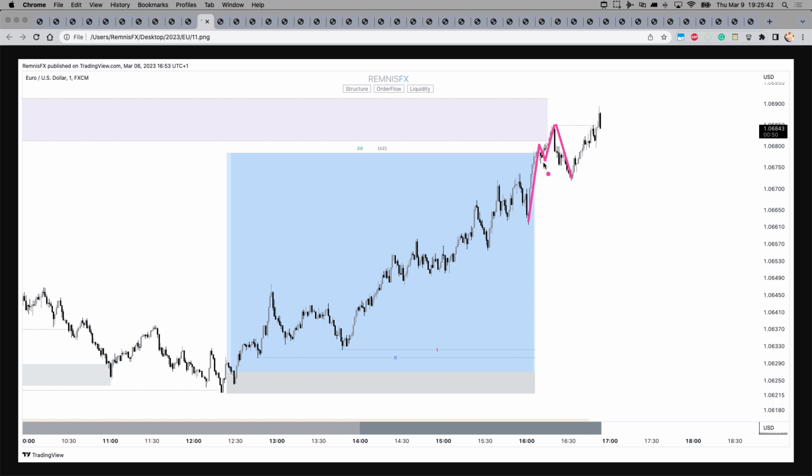Price came, took out your bullish internal inducement, and then went higher, right? But then what happened here at the top, right? It took out the most recent high here that actually mitigated your POI, right? And look at the next candle, right? The black candle totally engulfed the gray candle, right? So it had definitely my attention at this moment.